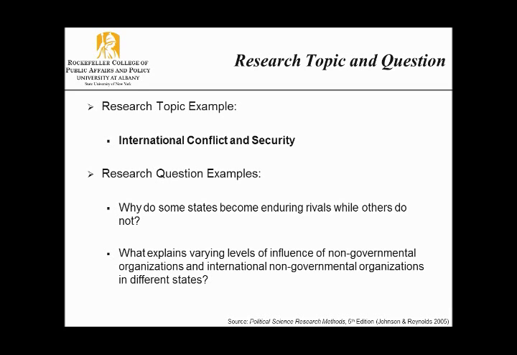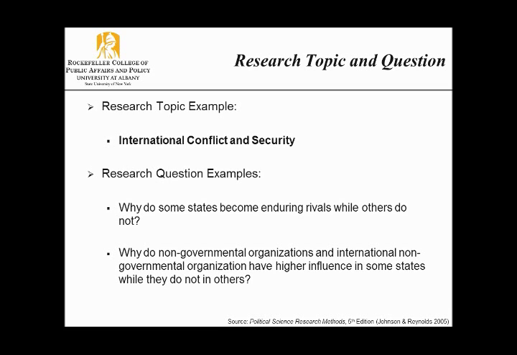Now, can you think of a better way to formulate the second question? Right. Something like, why do non-governmental organizations and international non-governmental organizations have higher influence in some states while they do not in others?